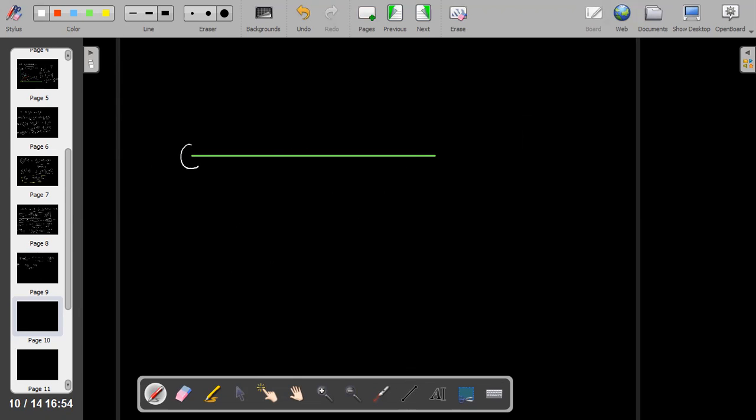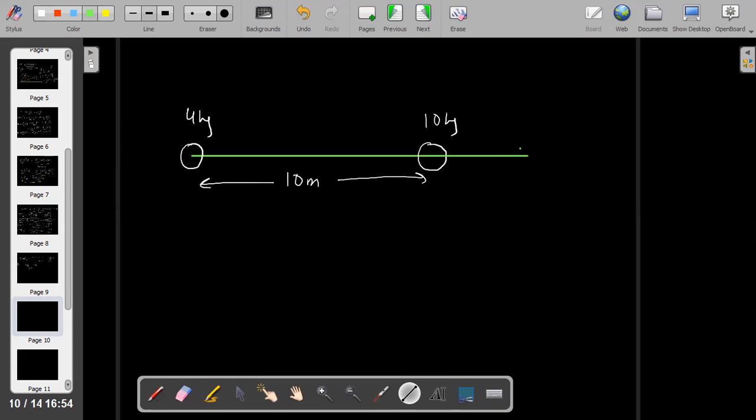One body is here, another body is here, 10 meters apart, and I have to find their position of center of mass. One is 4 kg, another is 10 kg. So I have to convert this into a coordinate system. This is the x axis, and this is the y axis. First you have to convert it to a coordinate system.